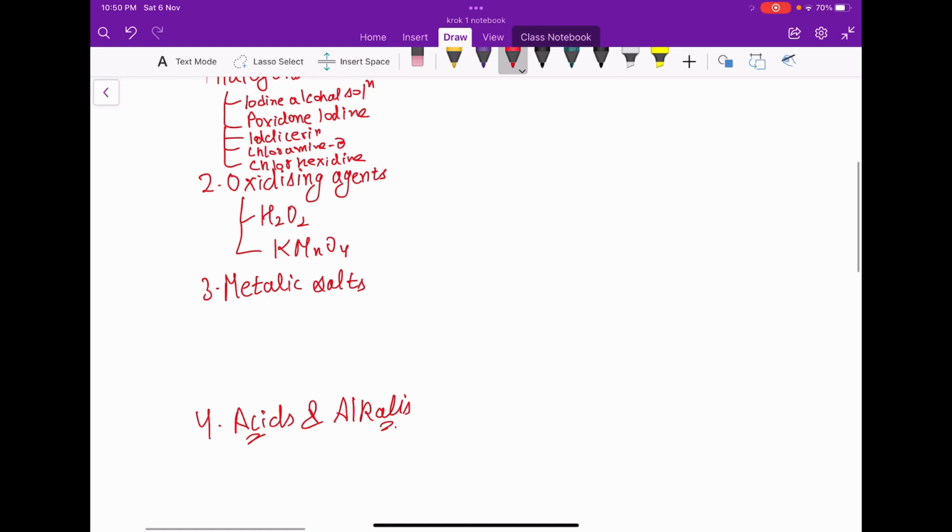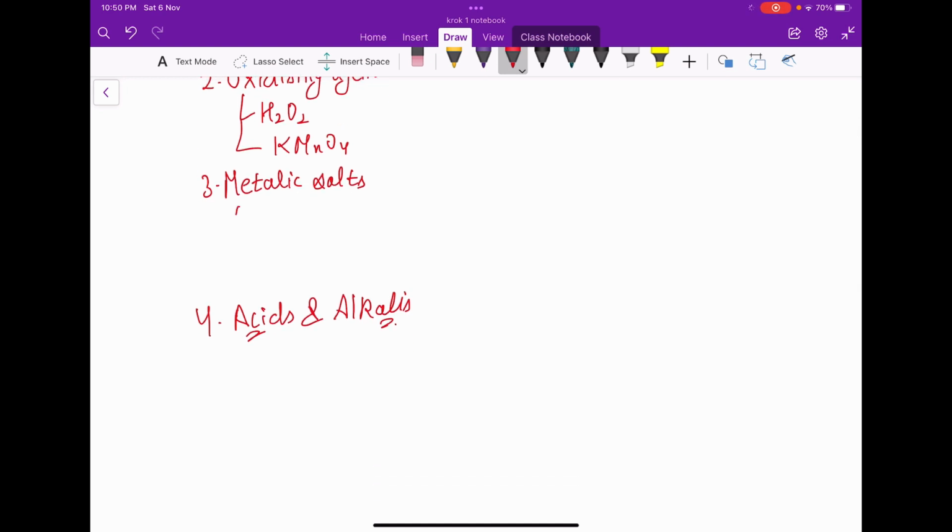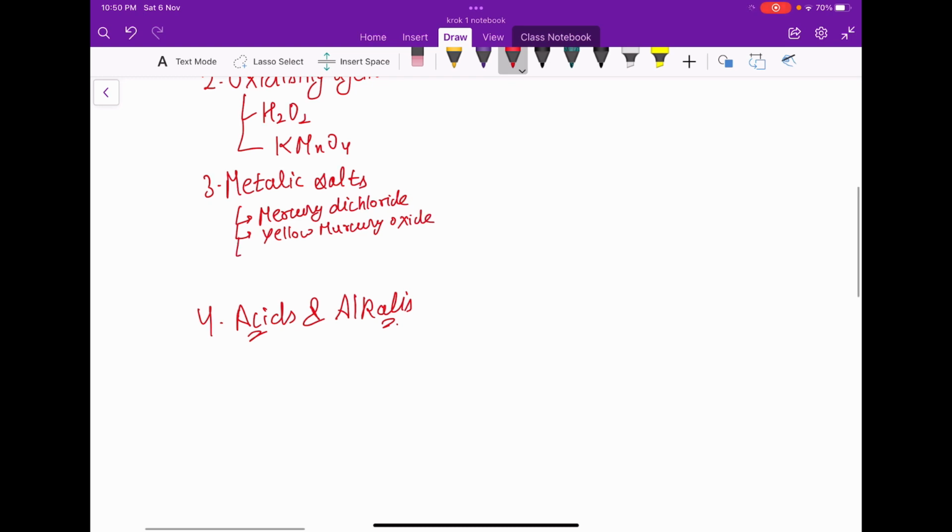Okay guys, thereafter the metallic salts, what can be possible here? Mercury dichloride, thereafter yellow mercury oxide, thereafter silver nitrate, copper sulfate, thereafter zinc oxide, thereafter zinc sulfate.